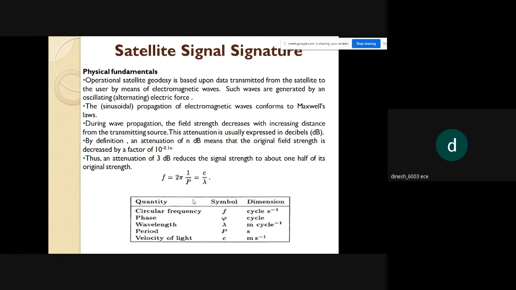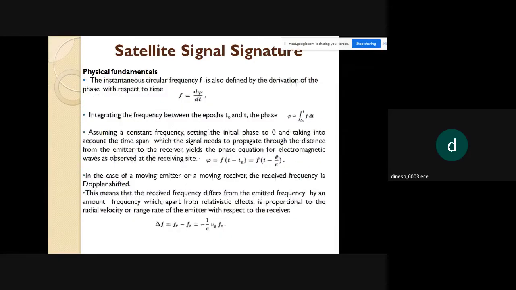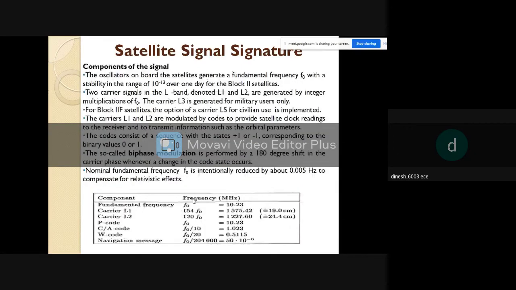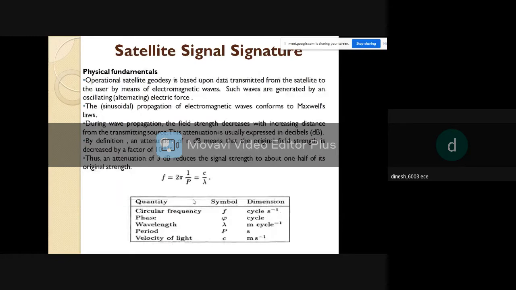With these physical fundamentals, we will be deriving the signal structure, how to determine the signal structure using your Doppler spreads.